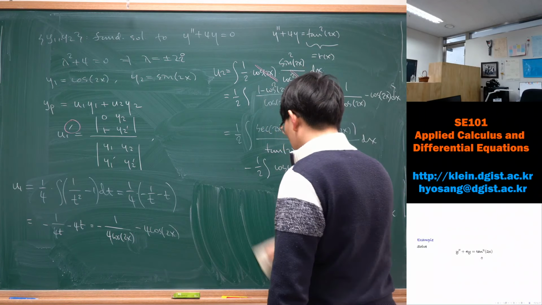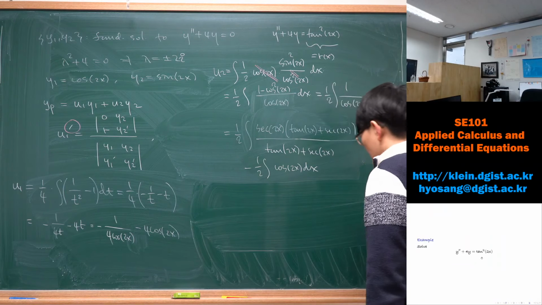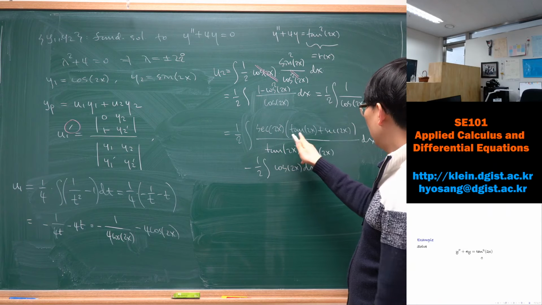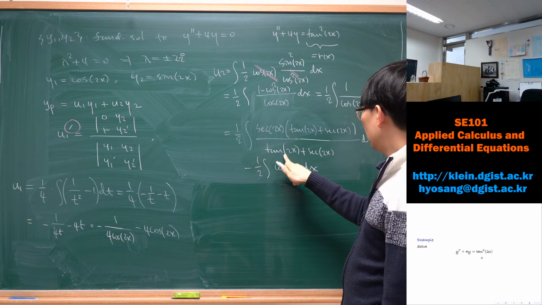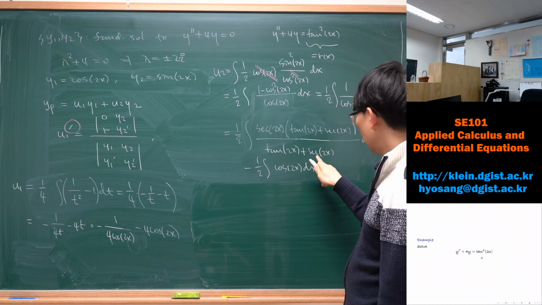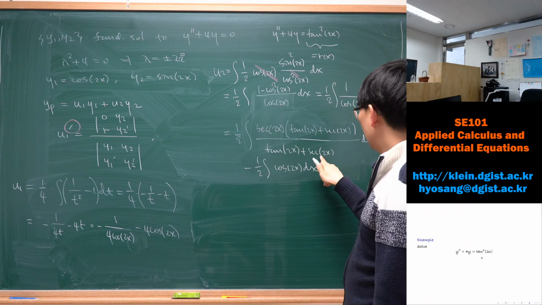So we have u1 here, so let's erase this. When we do this, if you take a derivative of tangent, you get secant squared. If you take a derivative of secant 2x, we have secant and tangent.